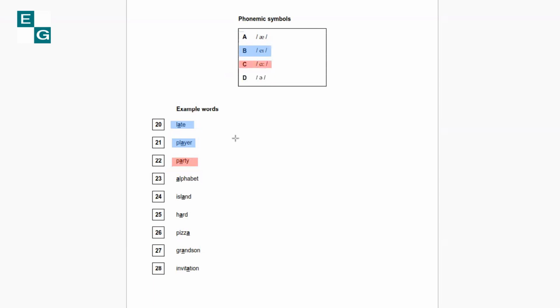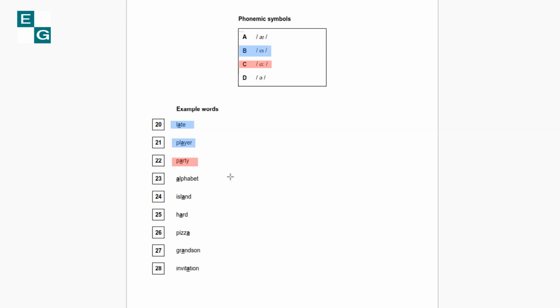I just want to emphasize the fact that if you have a vowel plus an R, in British English, it becomes a long vowel. Party, or party in North American English. Since this is the British exam, it would be party. I hope it is clear.